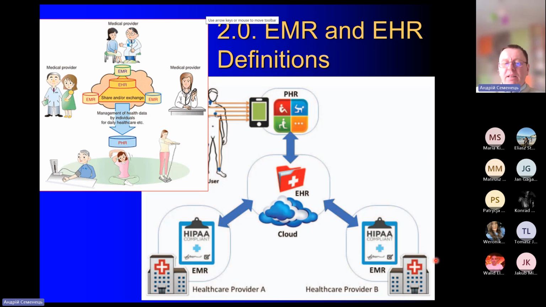In Ukraine, as I already said, it's e-health, and it provides the same requirements for each EMR solution, which is only allowed to be used in a hospital if it is compliant with e-health requirements.